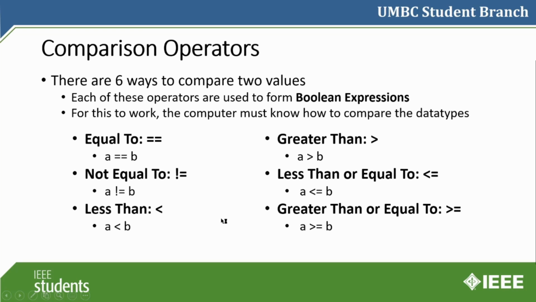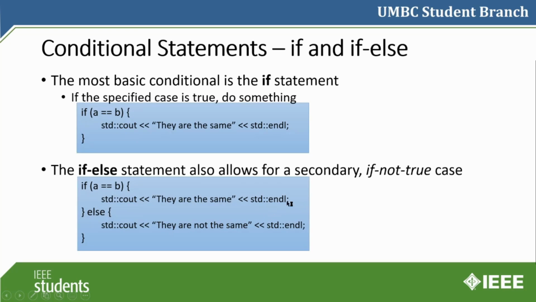And one of the main ways that these are used are in conditional statements. A good example of this is the if statement and the if-else statement. What this code will do is it will determine if this expression would equate to true, and then if it does, it will execute this code.